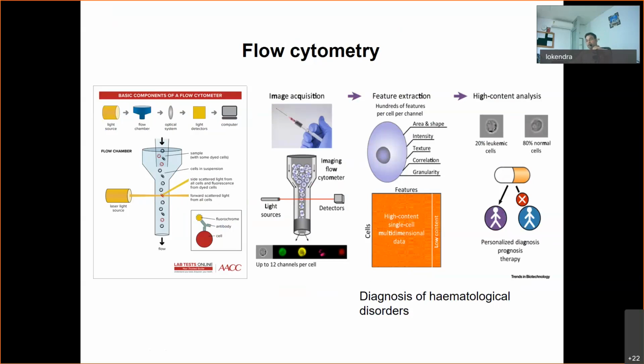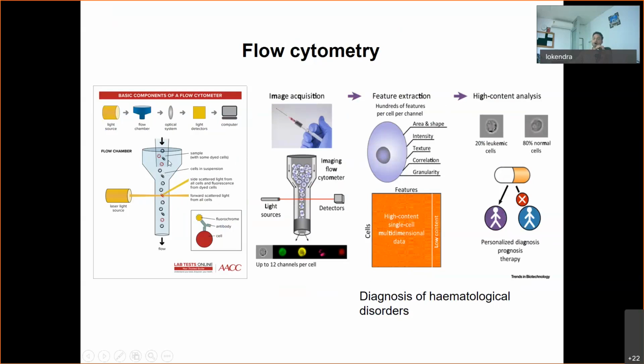So flow cytometry is one of the methods which detects certain types of cells, measuring their area and shape, their intensity, their texture, their correlation, their granularity. This is just the basic features of flow cytometry.